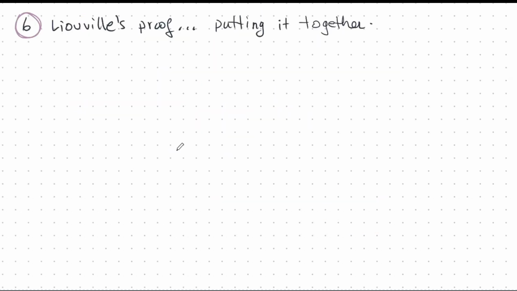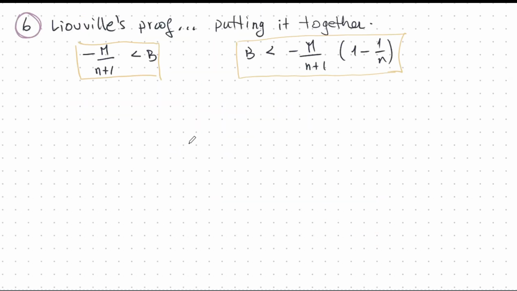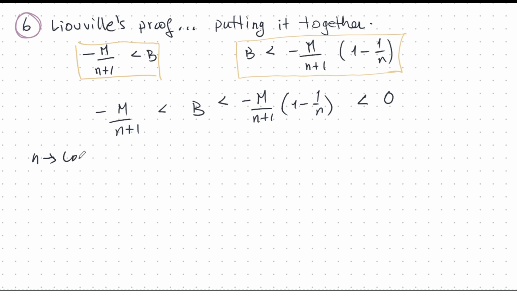Now we're ready to put it all together. These were the two inequalities we proved about B. Let's combine them together. The first thing that we see here is that this is negative, so this is less than 0. And the next thing we see is that as n becomes large, B is squeezed in between these two values.